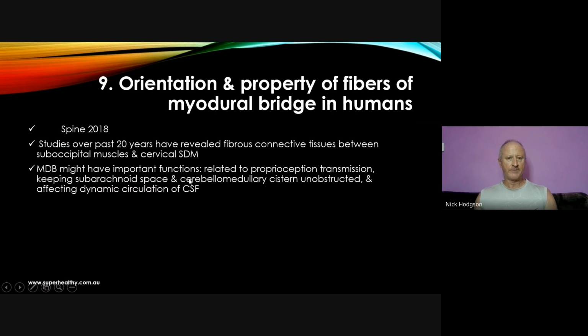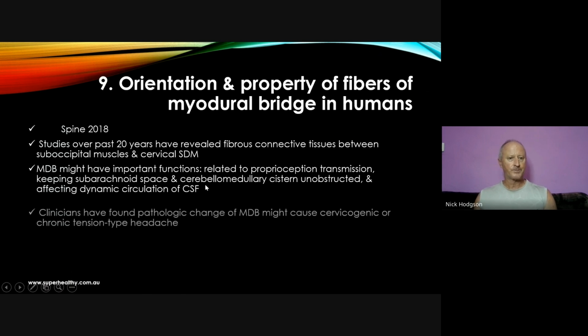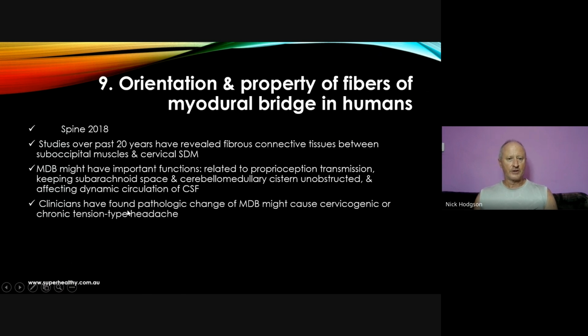Myodural bridge might have important functions related to proprioception, keeping the subarachnoid space and cerebromedullary system unobstructed, and affecting the dynamics and circulation of the cerebrospinal fluid. So clinicians have found pathological change of the myodural bridge might cause cervicogenic or chronic tension type headache.